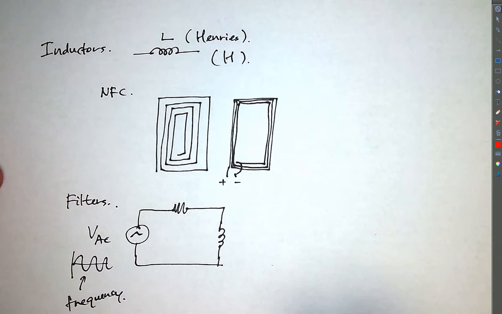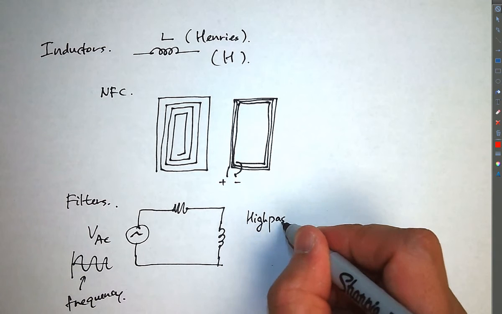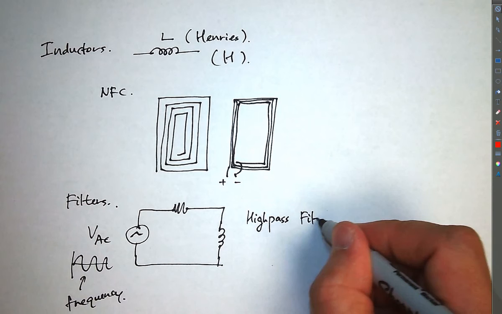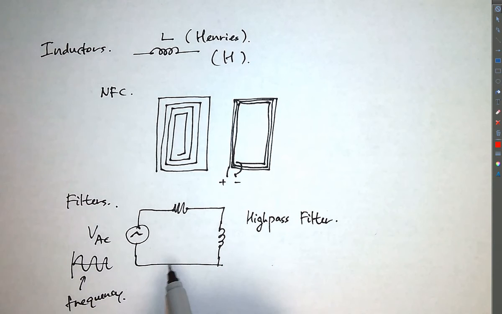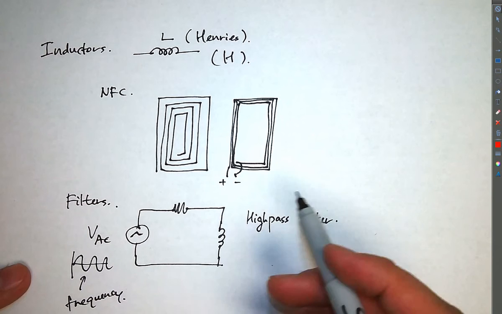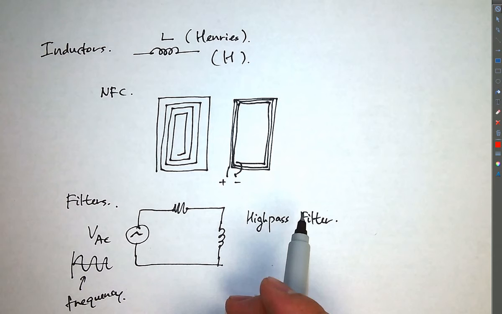In this case, this is a high-pass filter, meaning it'll pass through signals at high frequencies, and it will block signals at low frequencies. Low frequencies will be something close to DC, 1 Hz, 2 Hz, 3 Hz, 60 Hz, something that's low compared to high frequencies. It could be in the kilohertz range, it could be in the megahertz range.